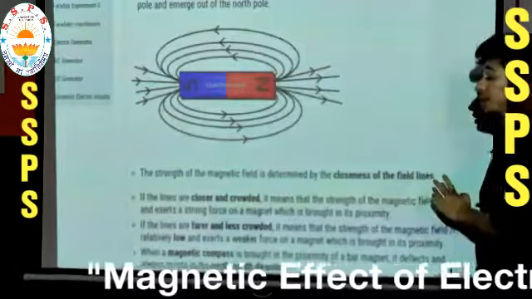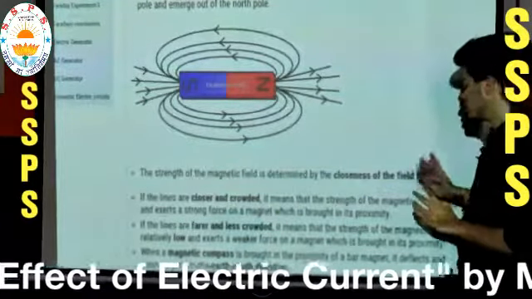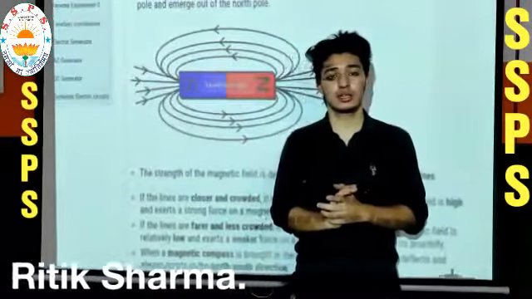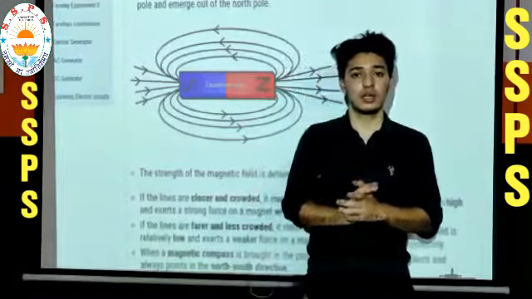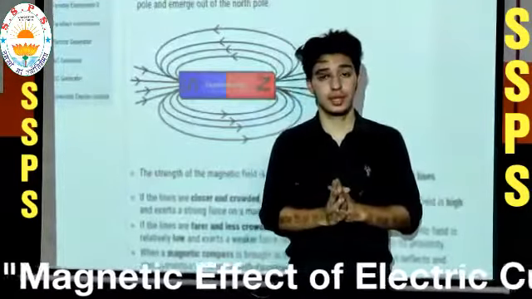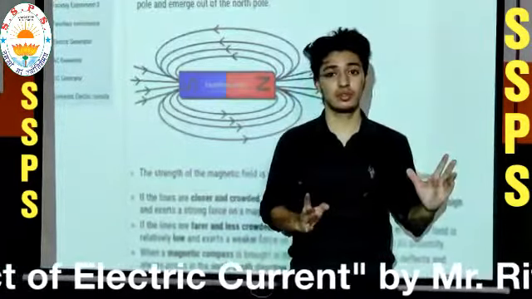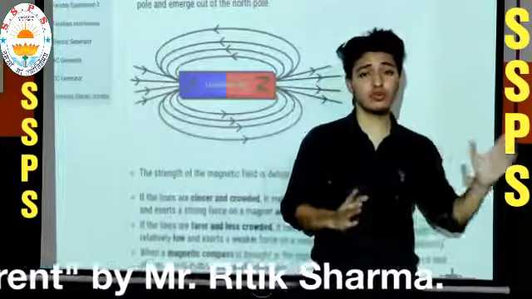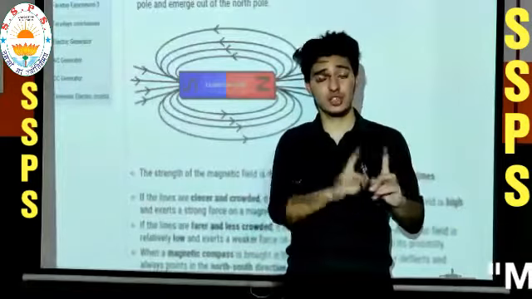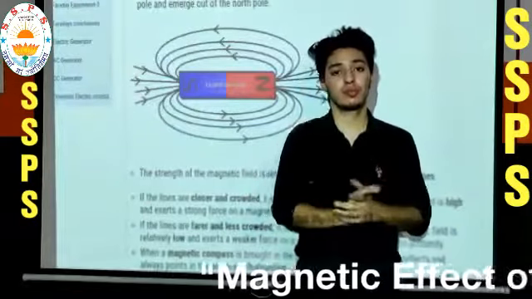The strength of the magnetic field is determined by the closeness of the field lines. That means if the magnetic field lines are crowded, it will exert more force, or we can say the strength of the magnet at that point will be more.